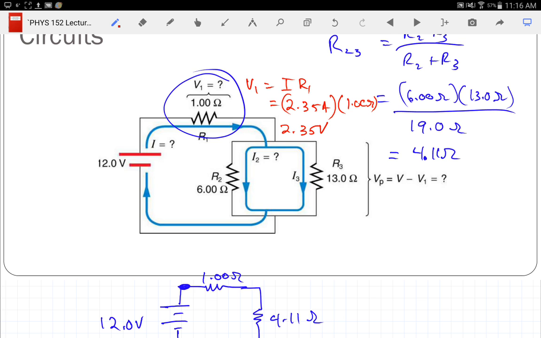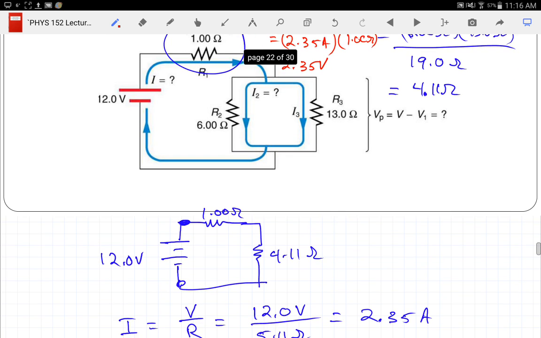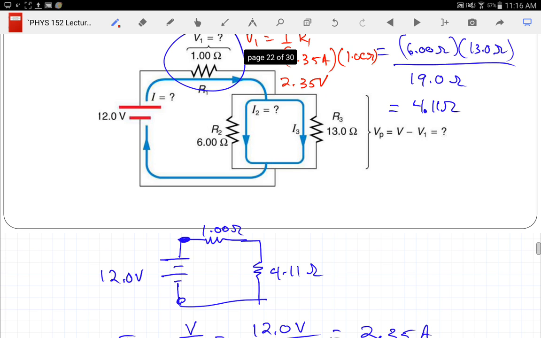And then for the other one, I could go and use the same thing, take 4.11 times 2.35, or I can just say, I went up 12 volts, I went down 2.35 volts, how much more am I going to have to go down? 9.65 volts. And you see that equation is written here.